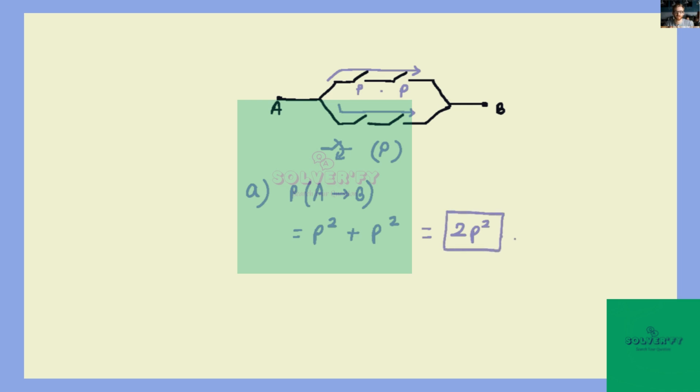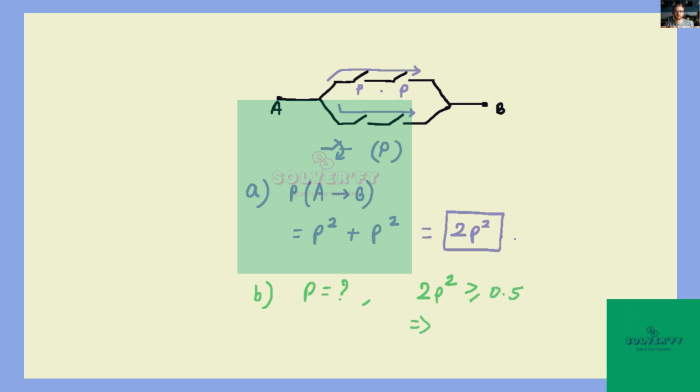In the next part, we are required to get the least value of P, provided that the probability of current flow is at least 0.5. That means 2P squared is greater than or equal to 0.5.